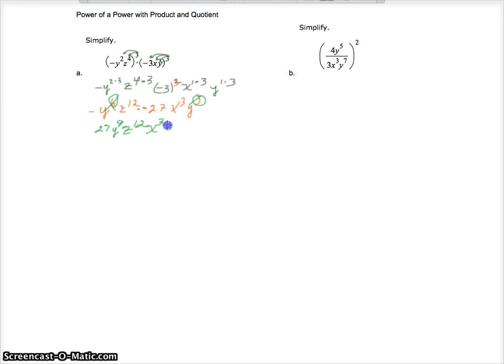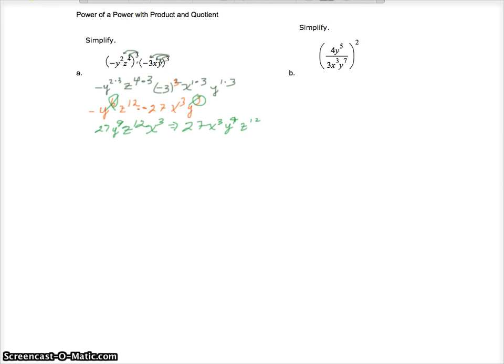Now, correct form would be writing my powers in descending order. So let's rewrite it: 27 x cubed y to the 9th z to the 12th. All right. Easy peasy lemon squeezy. Apply your powers, then apply your product rules, then simplify it out.